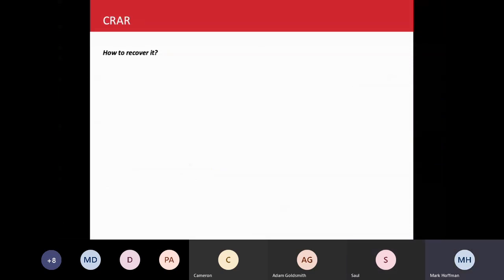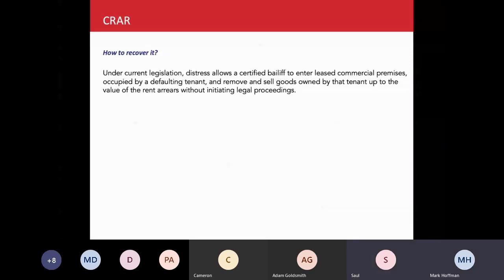How to recover it? The certified bailiff is now known as an enforcement officer, and they are permitted to enter the premises after having served a warning letter to the tenants, advising them of the 7-day notice period.